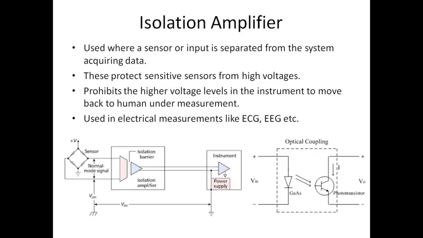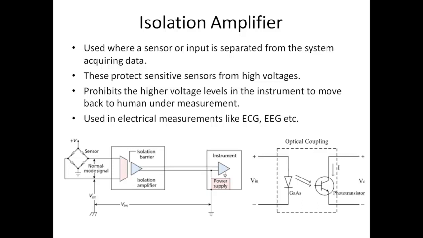You can see in the first figure that you have a sensor, then some normal conditioning, and the signal goes from there. Before it goes into the further circuitry, an isolation barrier is created in between. You can see that isolation in the next figure, labeled optical coupling. The signal that we get from the sensor controls the intensity of light of the LED.